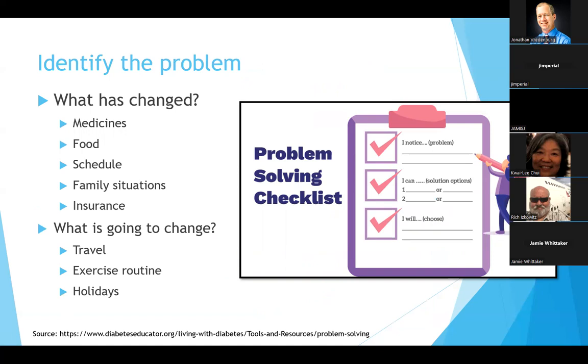What is the main issue? Is it related to the medication that I've been prescribed? Is it related to the foods that I'm eating? Maybe my schedule's a little bit different. Maybe my family situation has changed. I'm moving or changing jobs, so my insurance is changing. It's all about figuring out what is the issue that's going on so you can formulate the best course of action to correct it.